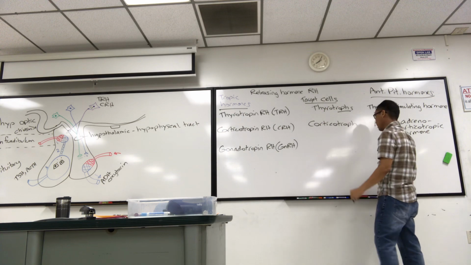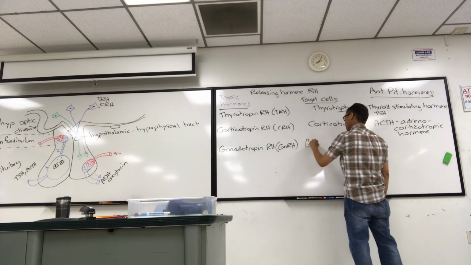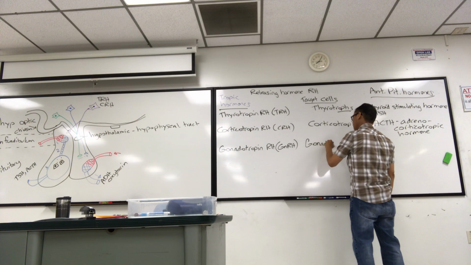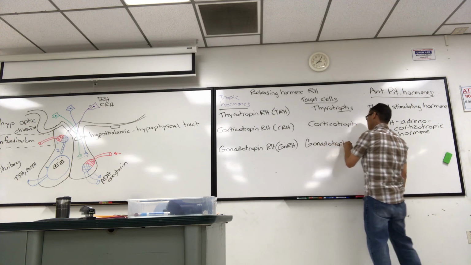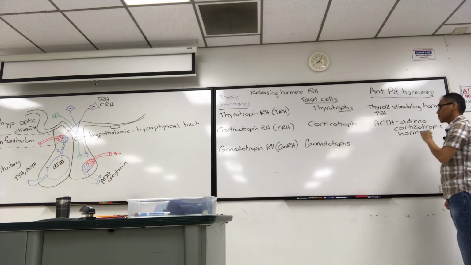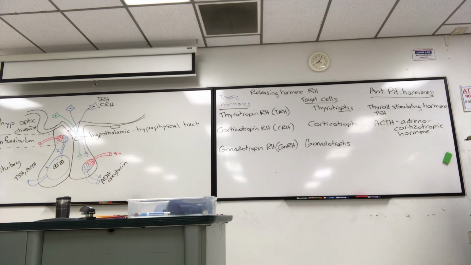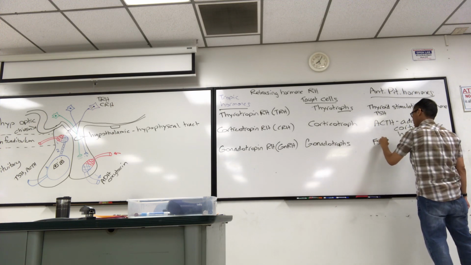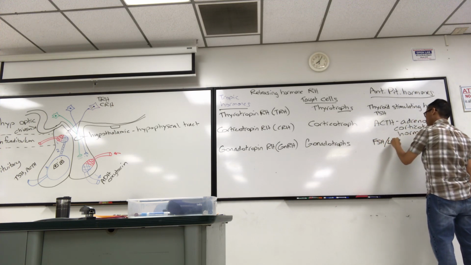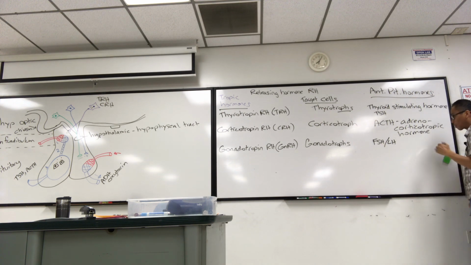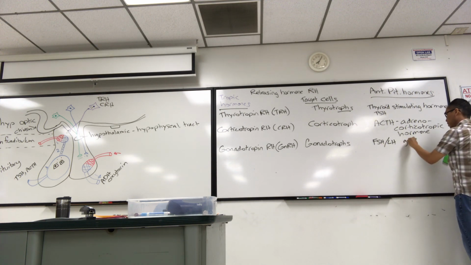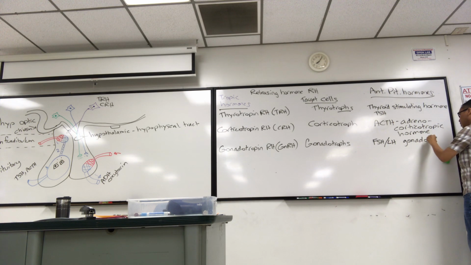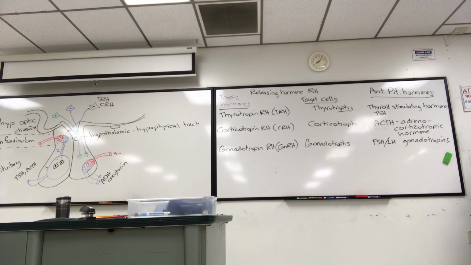It will stimulate gonadotrophs, and those gonadotrophs will release FSH and LH. Those two, that's a pair, are called your gonadotropins. They target your gonads, the ovaries and testes. We'll look at those by the end of lecture today.